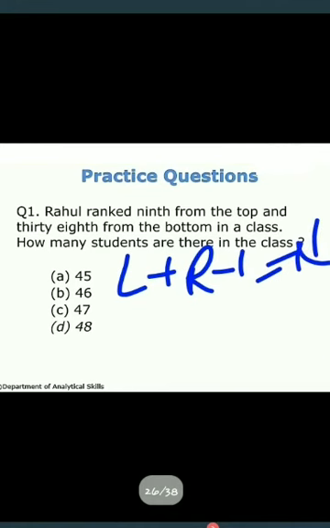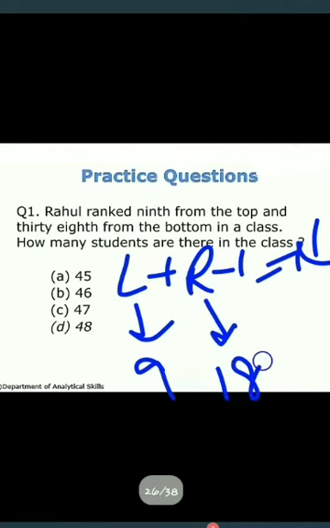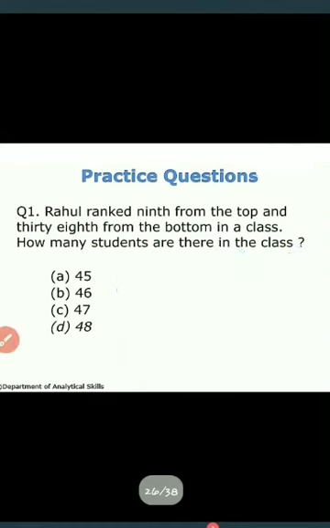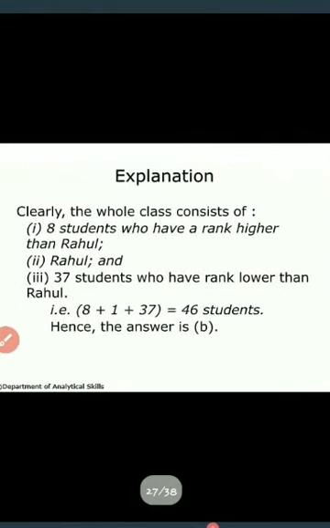Now here the rank of Rahul is 9th from the top. It means the value of L is 9. And 38th from the bottom, so the value of R will be 38. And we have to find the total number of students. That will be 9 plus 38 minus 1, which is equal to 46.